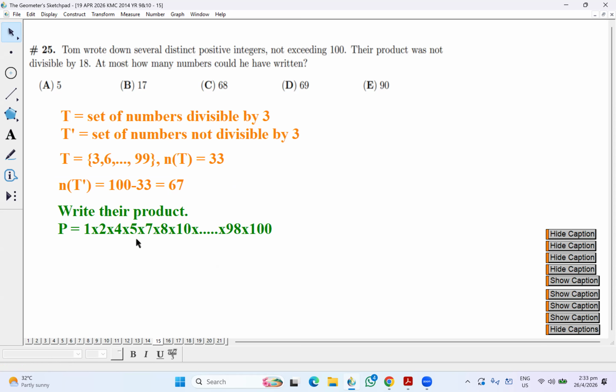So their product is not divisible by 18. They're not divisible by 3, so definitely not divisible by 18. But you notice answer 67 is not inside here. So this will make you think, hey, why no 67?